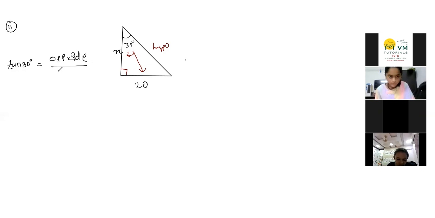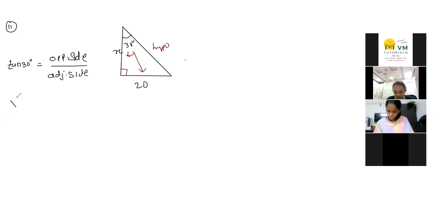Tan 30 is equal to opposite side upon adjacent side. So what is the value of tan 30? √3. Opposite side 20, adjacent side x. Sir, sorry, 1/√3. It's 1/√3. Okay, you are saying, I am writing. Just cross multiply. This one is x.